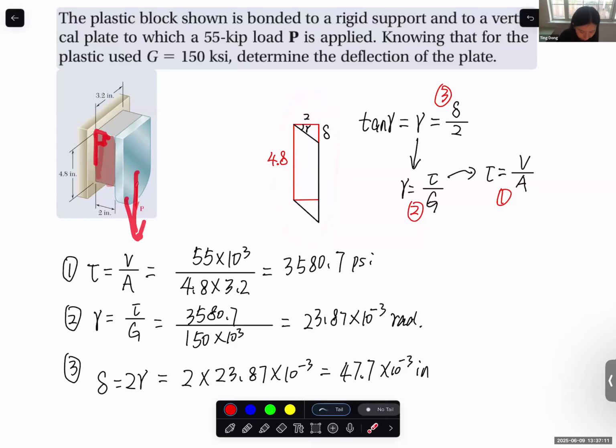Now, because P is applied, you should expect that this is after deformation. The original 90 degrees changes to this one, and now this becomes the reduction angle, this gamma here. This is the definition of shear strain. And because it's a small deformation, gamma equal to tangent gamma equal to delta over 2.